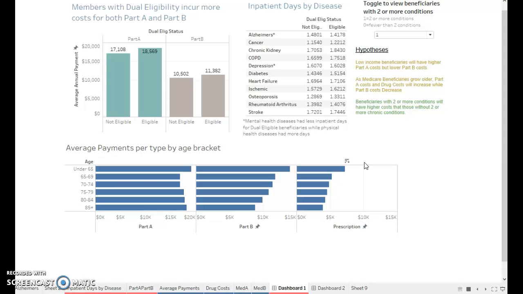And then lastly, beneficiaries with 2 or more conditions will have higher costs than those without 2 or more chronic conditions. And we have this toggle button up here to look at that.